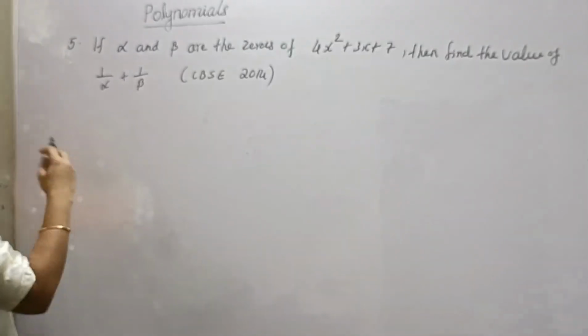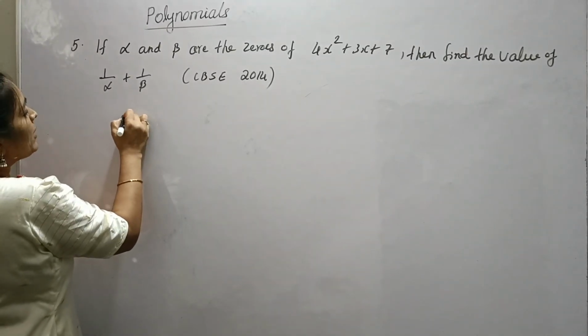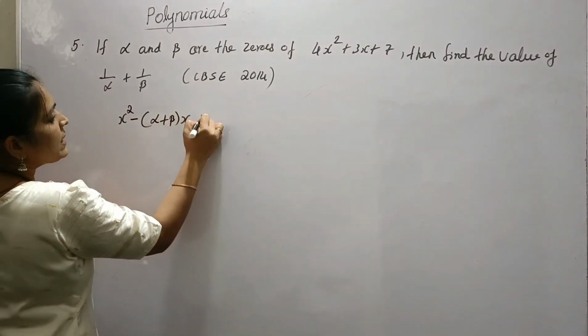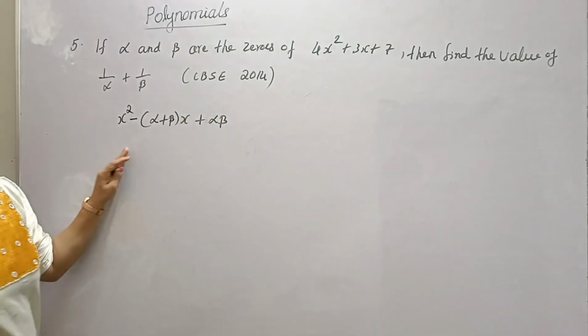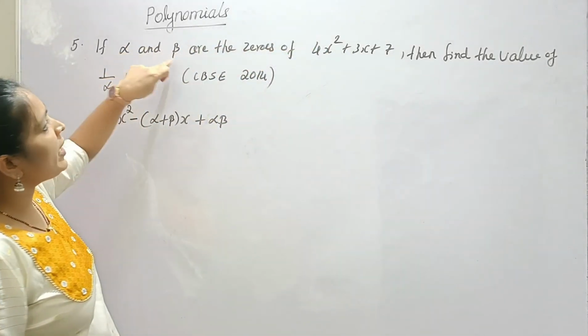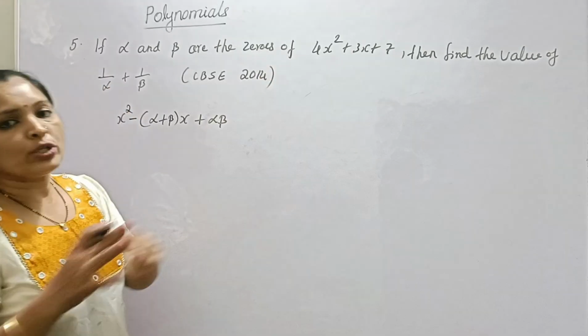And we know that if alpha and beta are the zeros of the polynomial, then the polynomial will be x square minus alpha plus beta into x plus alpha into beta, right? And it is given that alpha and beta are the zeros of this polynomial. So first of all, we have to compare, right?